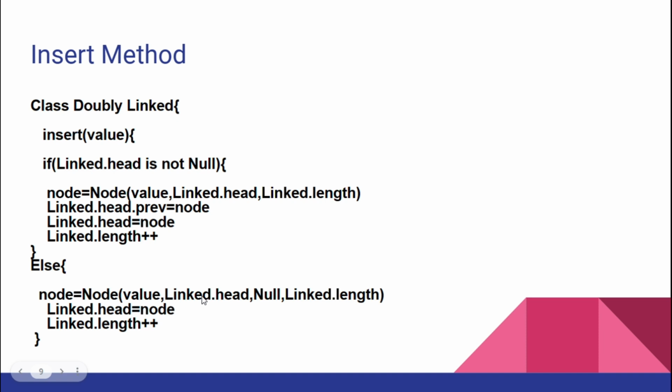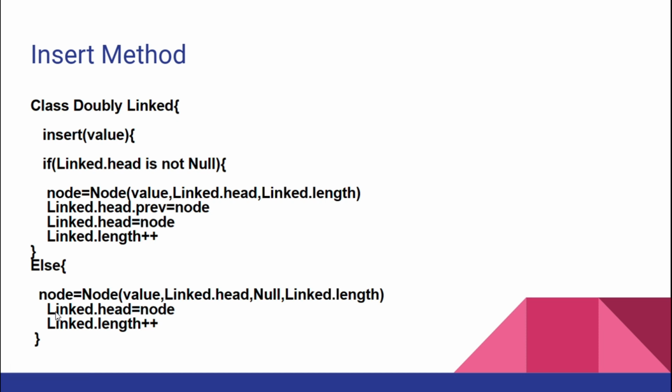Then its next pointer, the next node, which is the current head attribute of the doubly linked list. Then its previous attribute; this previous pointer is going to be pointing to null because there is no element before it. Then its index is going to be the current length.